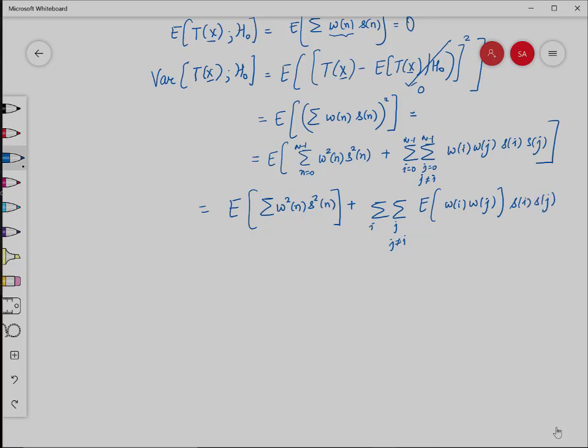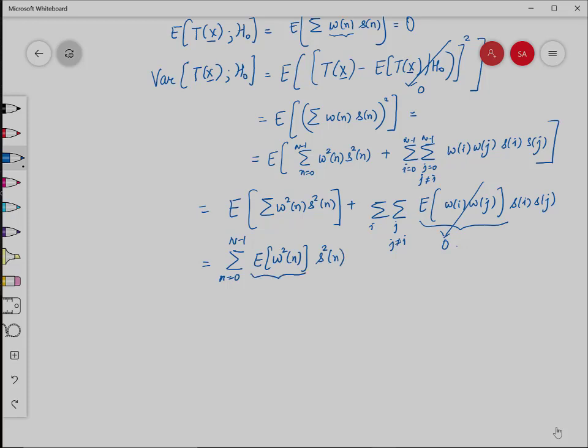All right. So if you see this expectation here, because the noise is uncorrelated, this expectation comes out to be 0. So what we are left with is the expectation of this particular quantity, which we can write as the summation n goes from 0 to capital N minus 1, expectation of W square n times S square of n.